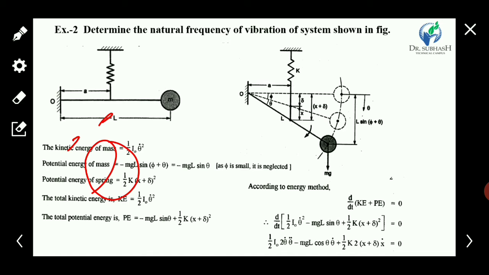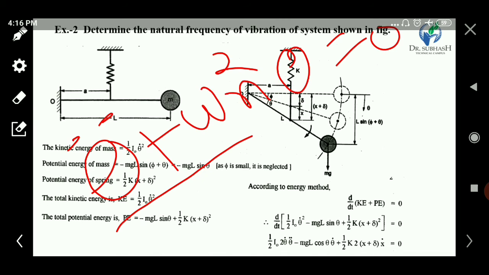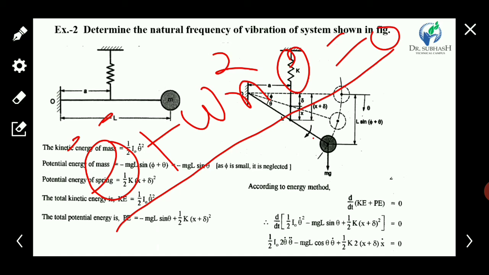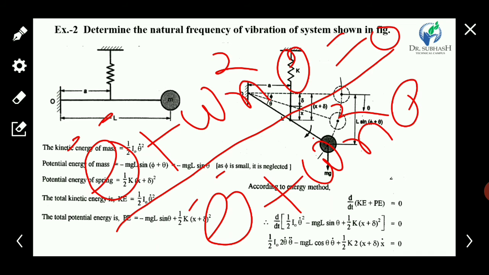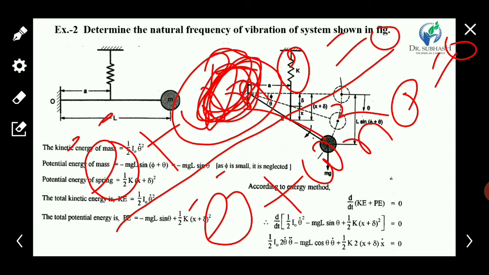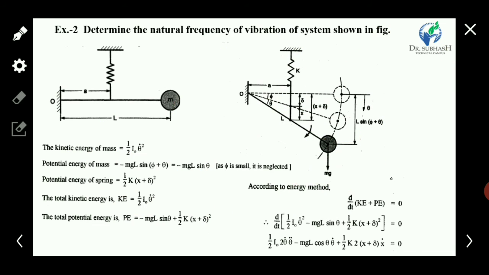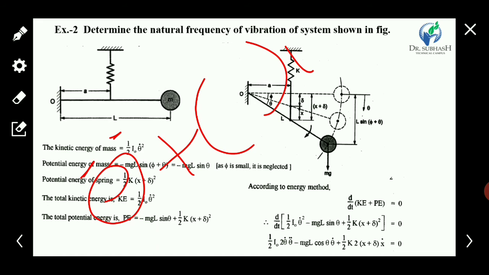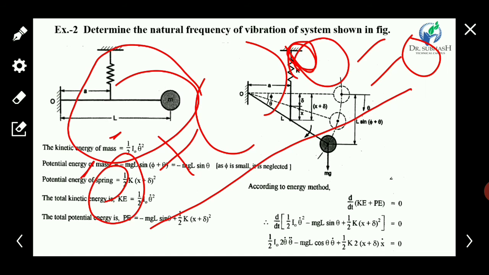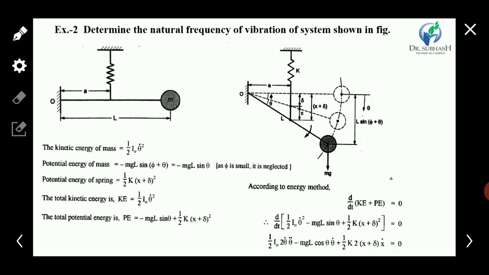We have to develop an equation of the form theta double dot plus omega n square theta is equal to 0, and compare it with it. Here it is not omega n square, some other value is there, and by comparing the two equations we get the value of omega n square. So we have to develop theta double dot plus some value times theta is equal to 0. That type of equation we have to develop from the given system with the help of the energy method.